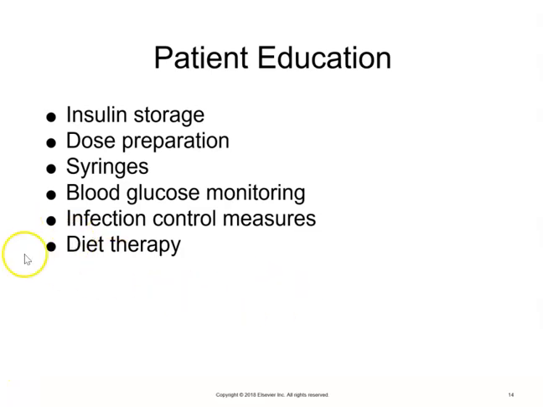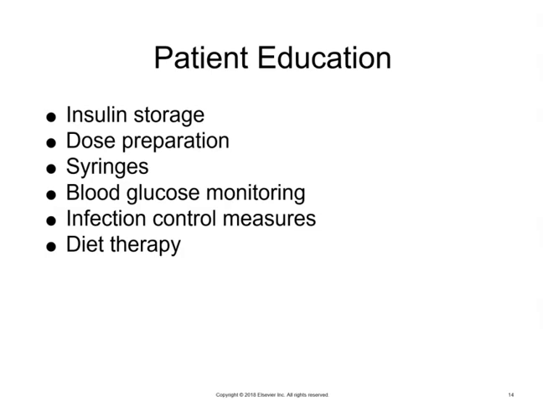Diet therapy, and this is going to be my opinion here. So my opinion is anybody that has diabetes mellitus should be seeing a dietitian and an endocrinologist. It doesn't always work out that way, but I always request it. So diet therapy is going to include a reduced caloric intake, avoid empty calories such as white rice, white bread.